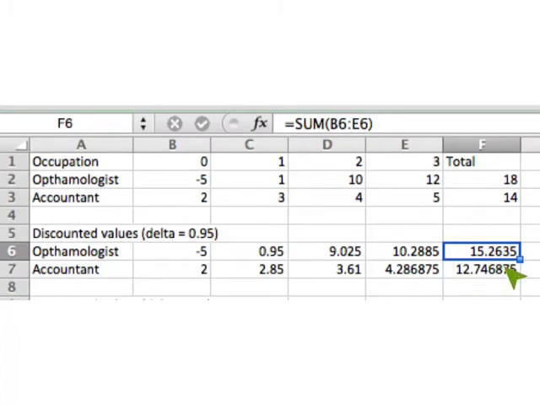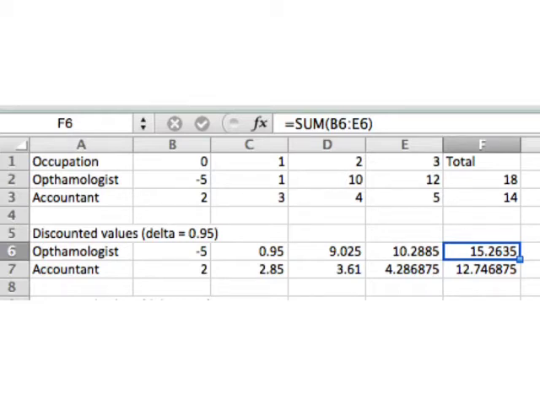So I've just showed you that column to the right, where all I did was sum the common discounted values, and I get these two answers, and we see that for the person with this discount rate, the net present value of returns to ophthalmology is greater than the net present value of the payments out to an accountant, and for this person, they'd rather be an ophthalmologist because it's a higher paying profession given this person's discount rate. That gets us through part C, I think.